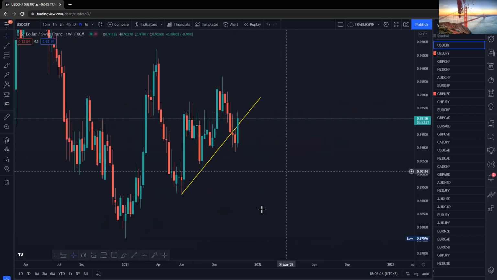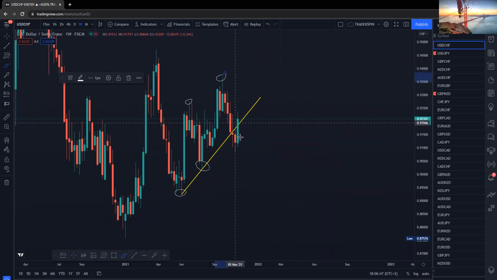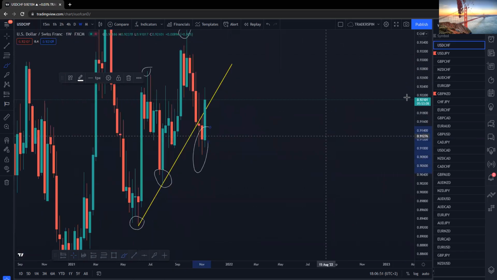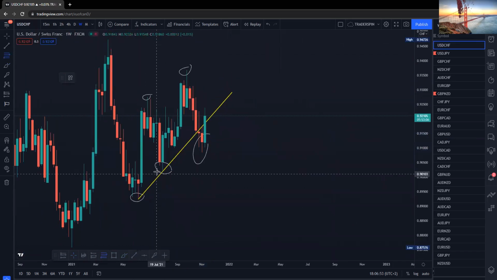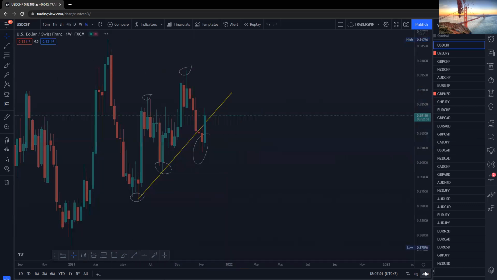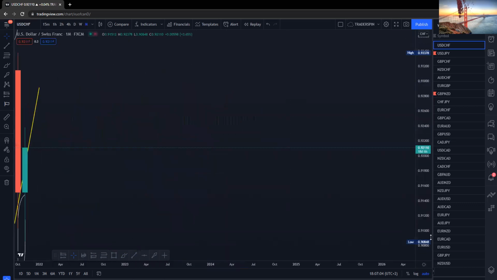On my weekly time frame, as you can see, we have that, then this, and then this, and then it's giving us our candlestick pattern on our weekly time frame. That is on our 0.786 zone, and then price is on our monthly order block.